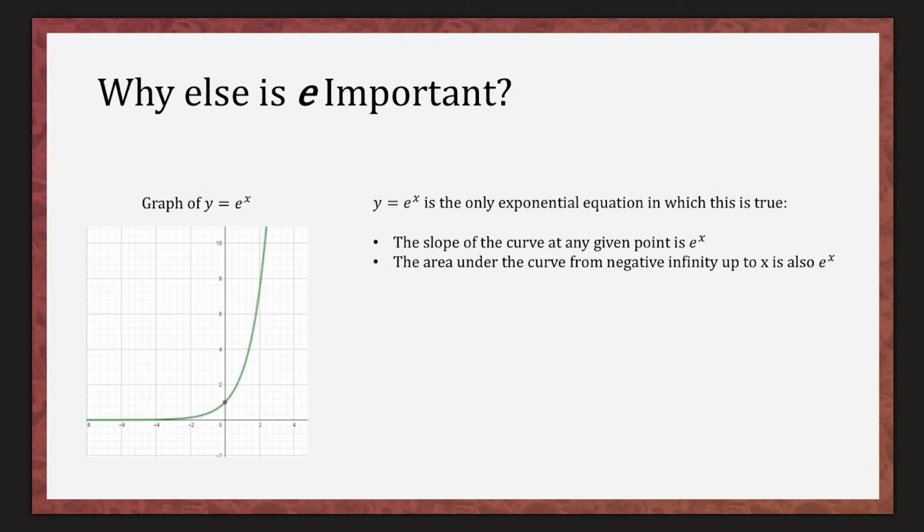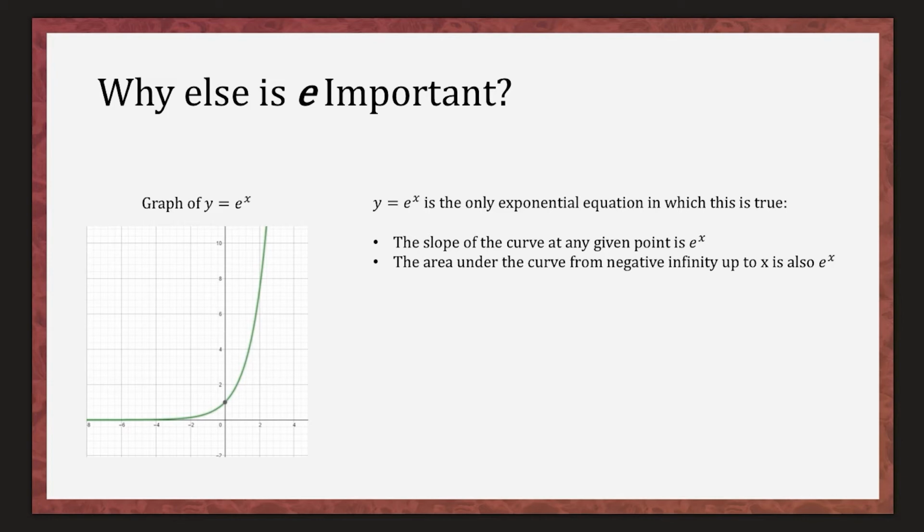So while it's pretty cool that e is the value of continuously compounding interest, it doesn't really put it in the same category of importance as pi, but e really is as important as pi for other reasons. y equals e to the x is the only exponential equation with which the slope of the curve at any given point on e to the x is e to the x.